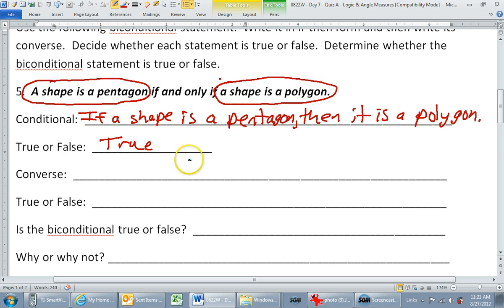Okay, now the converse. How do I form the converse of this? Right, this is the one where we just reverse the hypothesis and conclusion. So if a shape is a polygon, then it is a pentagon.